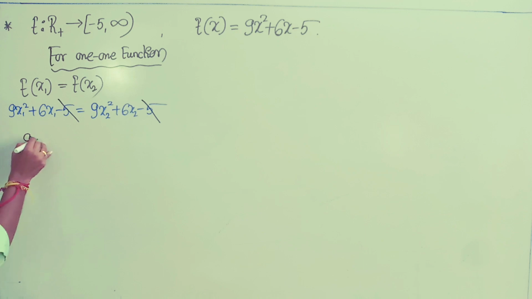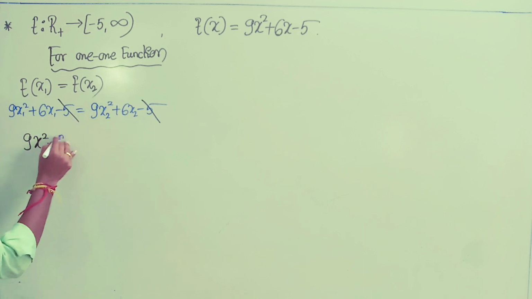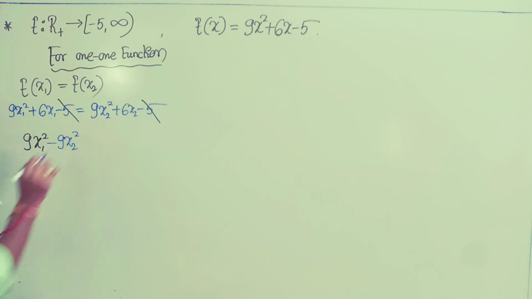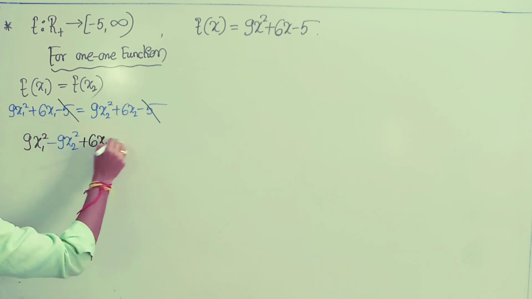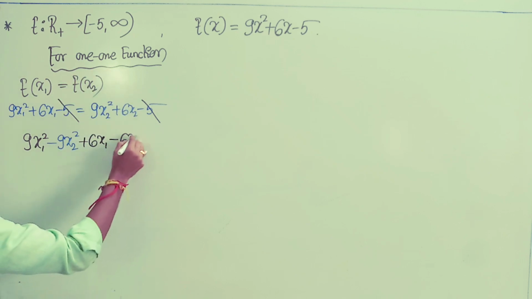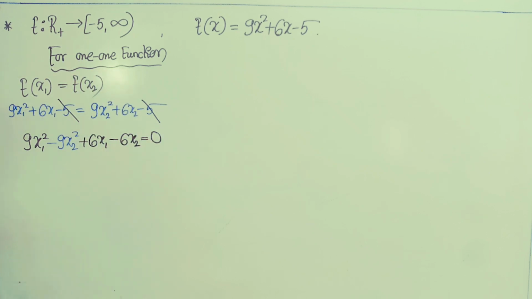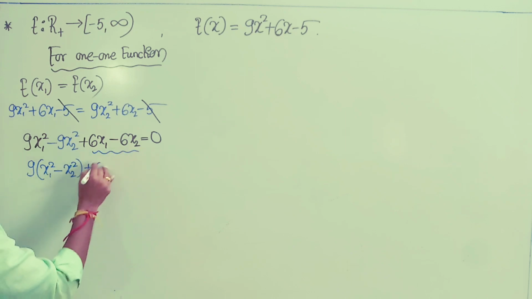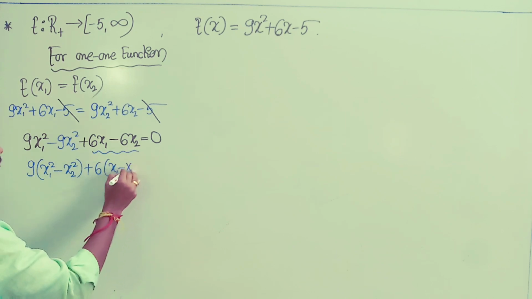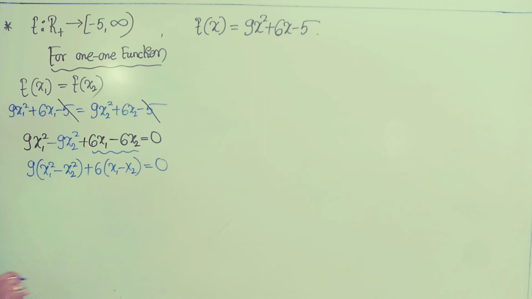Now 9x1 square: I'd like to take 9x2 square to the left hand side, it will become 9x1 square minus 9x2 square, plus 6x1 on the left hand side minus 6x2 is equal to 0. Got it? I'd like to take 9 as common: 9 into x1 square minus x2 square, plus, what's the common term including these two? 6 into x1 minus x2 is equal to 0.